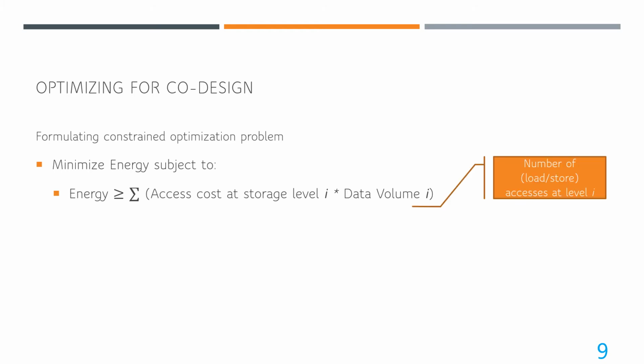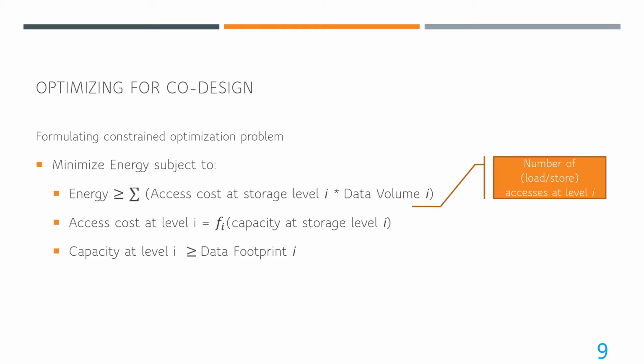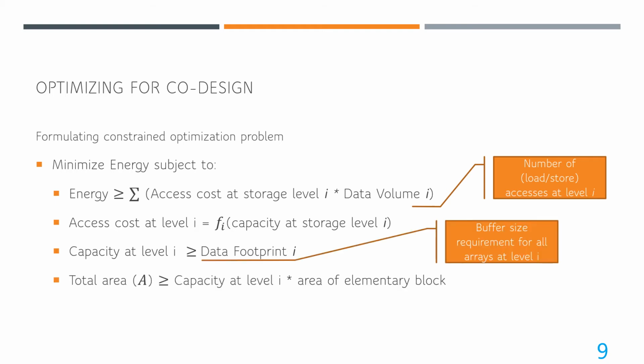The next constraint makes sure that the footprint of all arrays at a level is smaller than the capacity at that level. In other words, it makes sure that we don't use unrealistic tile sizes that would cause the array slices to not fit in the scratch pad. The last constraint makes sure that we stay under the budget for area.